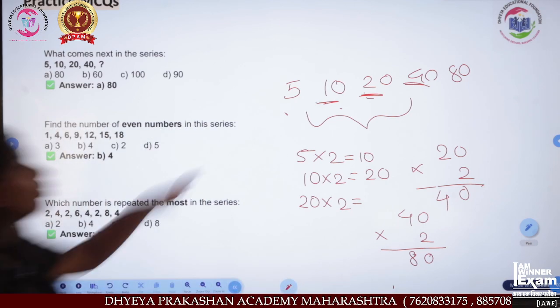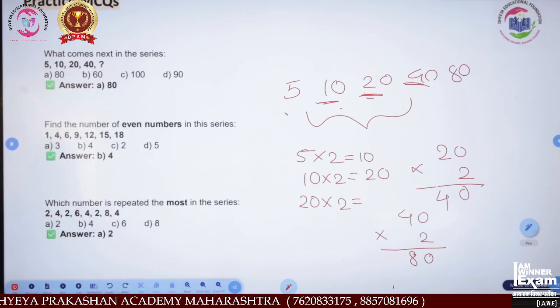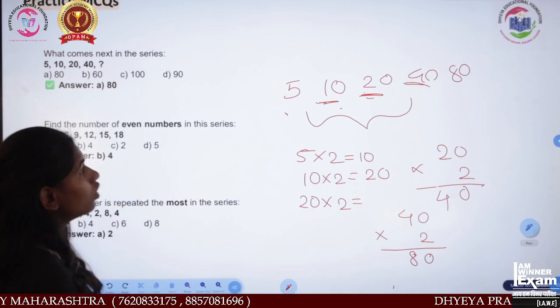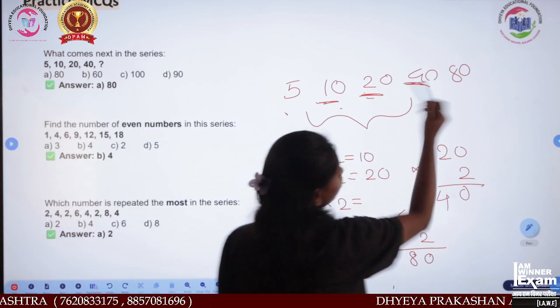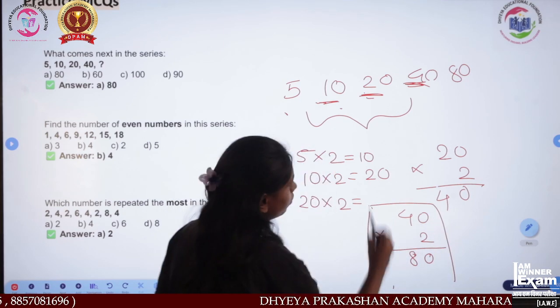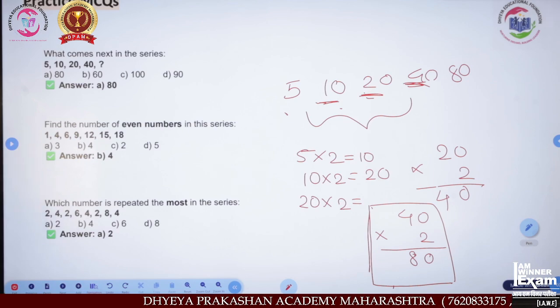It is a multiple of 2, meaning every number is getting multiplied by 2. So what was the last number? That was 40. We multiplied 40 by 2. Then what number did we get? That is 80. So let's check if our options have the number 80.